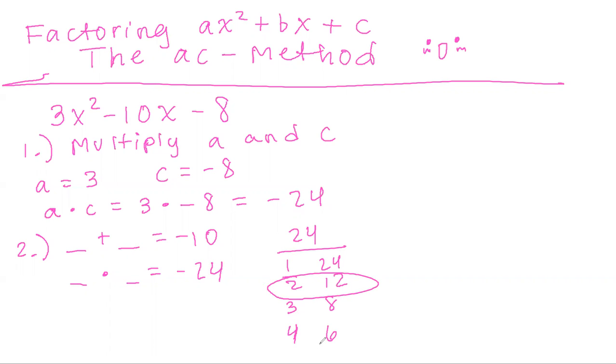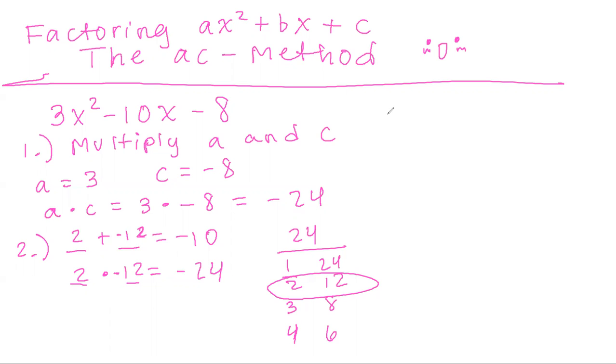So that's why 4 and 6 doesn't work, because 4 and 6 would have to be negative to get to -10. But I'm looking for a -24, so I need one of them to just be negative. So in this case, I would have to do 2 and -12, because 2 minus 12 gives me -10.